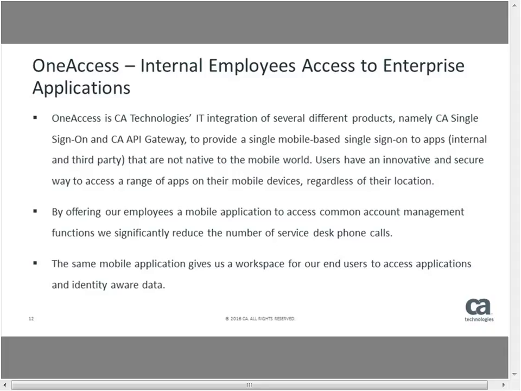For example, users can now kick off a workflow to reset their passwords or unlock their account. And we can leverage the API gateway so that we don't need to expose our identity manager externally on the internet. We can keep it protected behind our firewalls, and folks can still access this functionality through the API gateway.